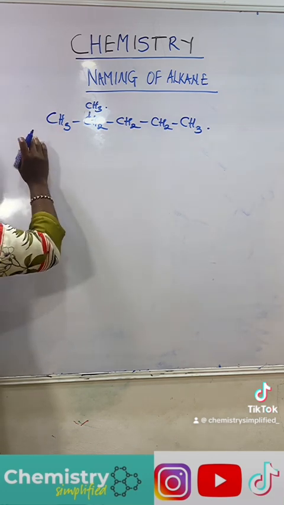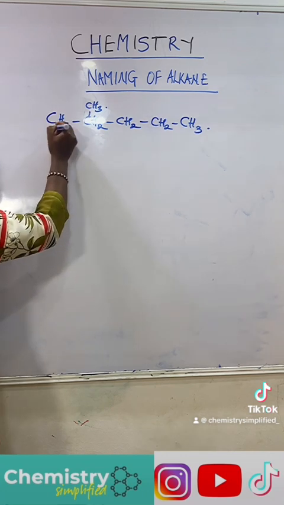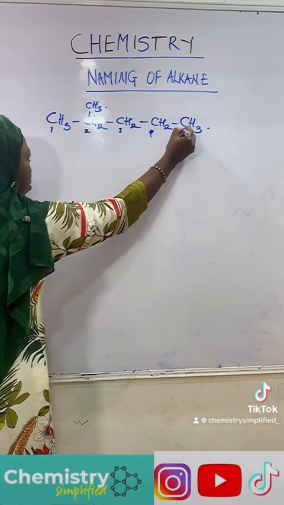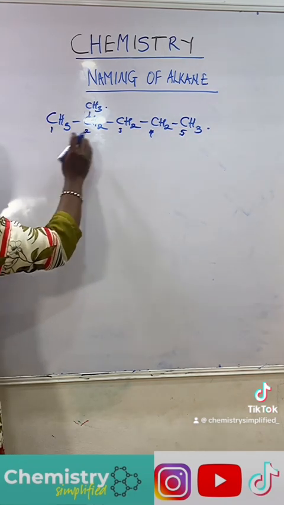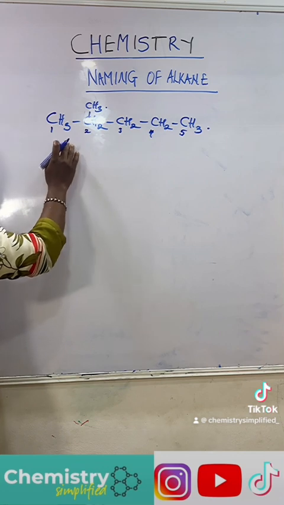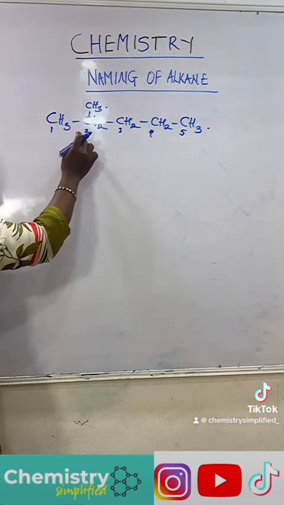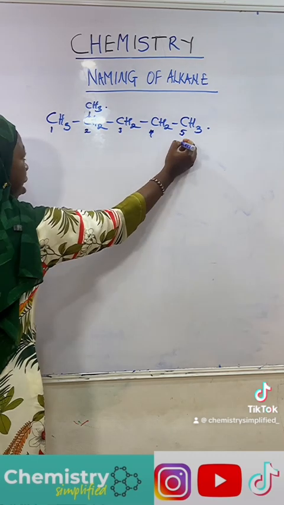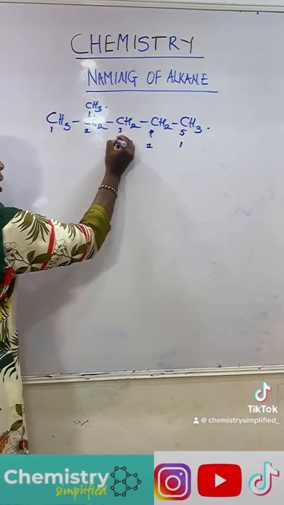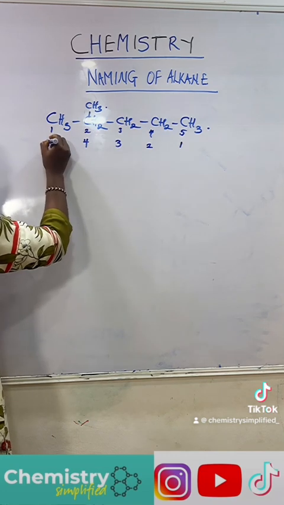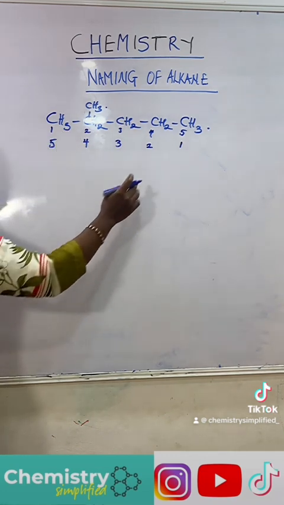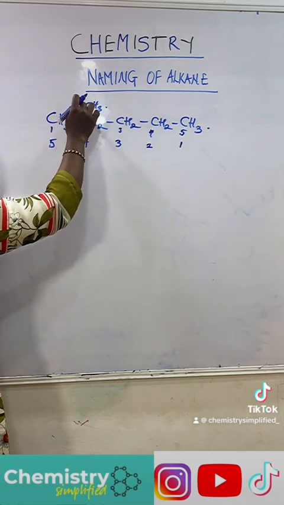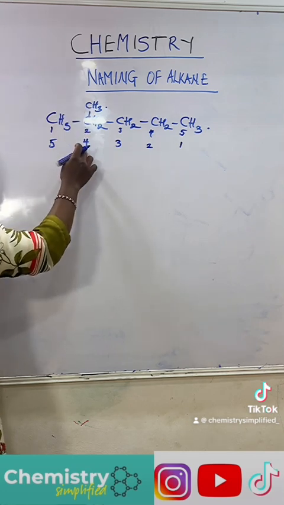Here I'm going to start from my left to the right. Here I'm going to number 1, 2, 3, 4, 5. When I number from my left hand side to the right hand side, you can see that the substituent is on carbon 2. Now let's number from the right to the left. If I number it from the right to the left, what do I get? When you number from the right to the left, you can see that the carbon atom at which the substituent is attached is on carbon 4.